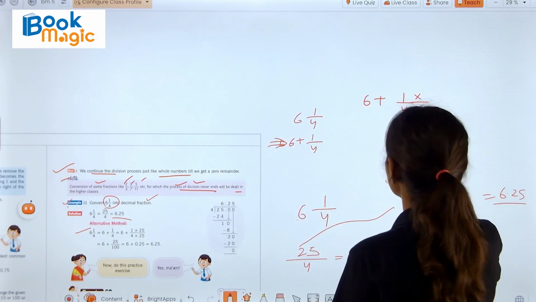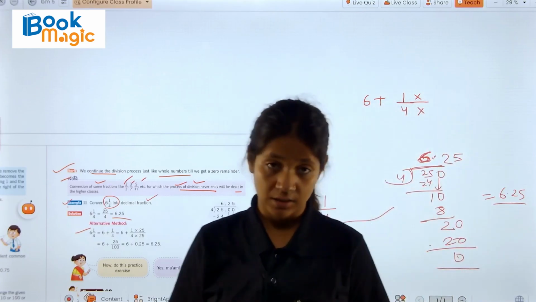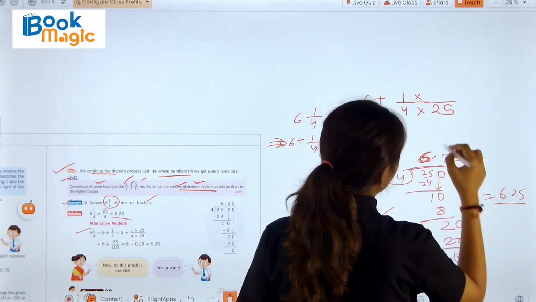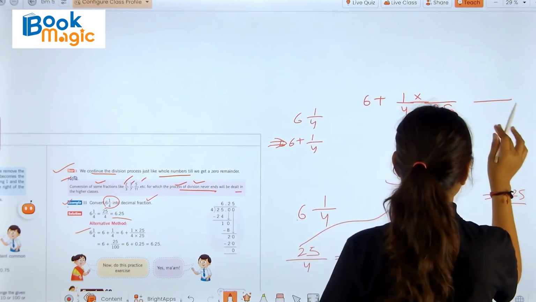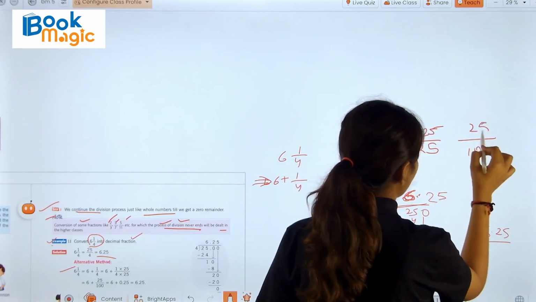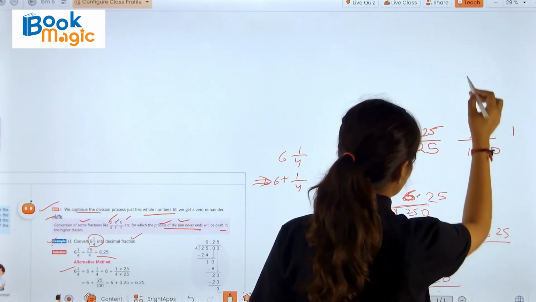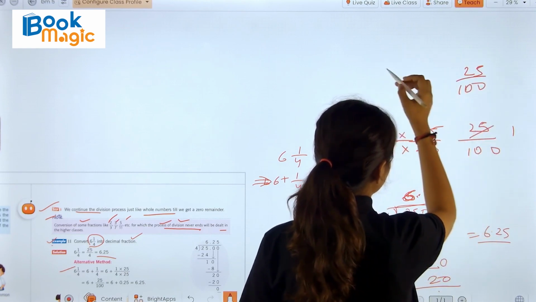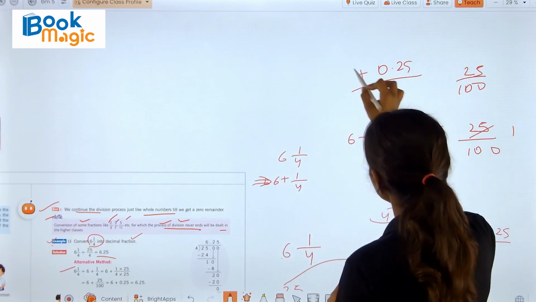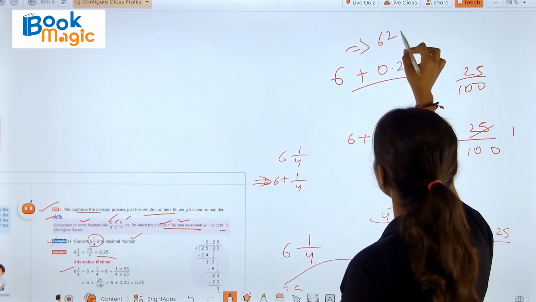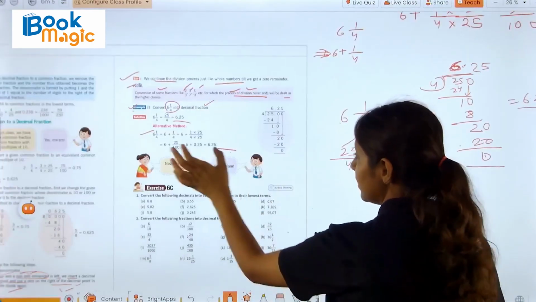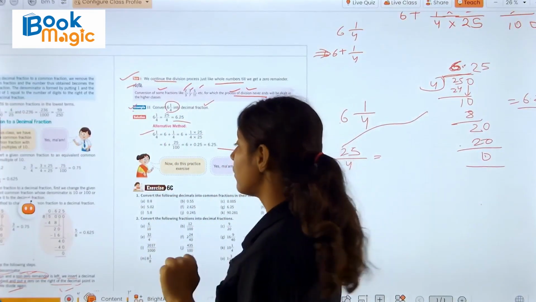Okay, so to make it a multiple of 10, we can multiply by 25 to make it 100. Now again here it's also 25. 25 ones are 25, so it's 25 by 100. That means it is 0.25, and adding 6 to it results in 6.25. Okay, this is our answer. Again we have the two methods, and we can follow either of the two methods.